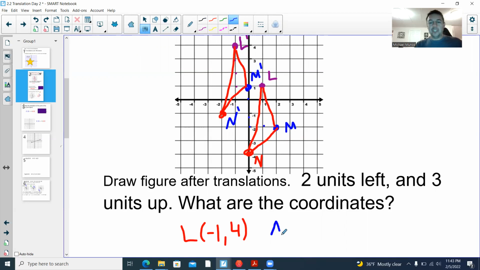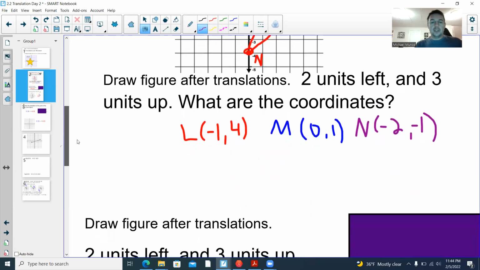So my M will be 0, and it goes just up 1 from the origin, so +1. And then my N is back 2 from the origin, -2, down 1. So that's how you plot those coordinates.